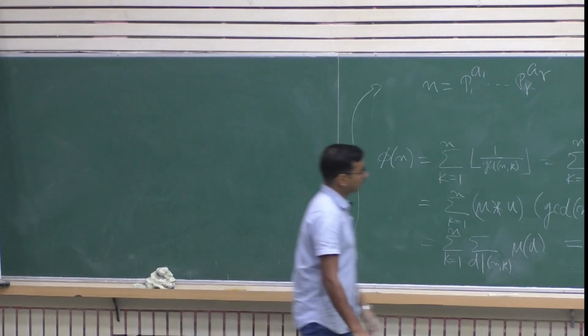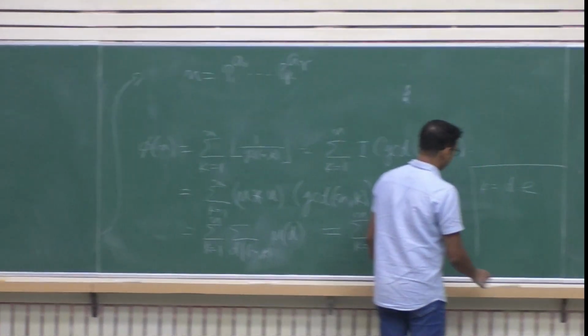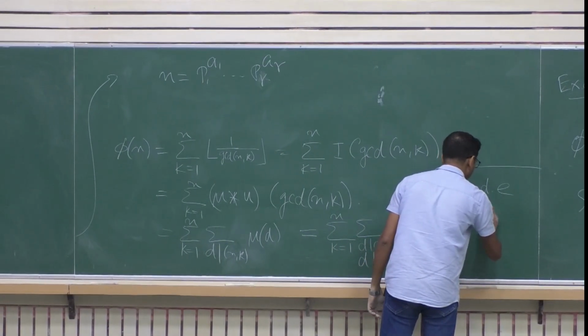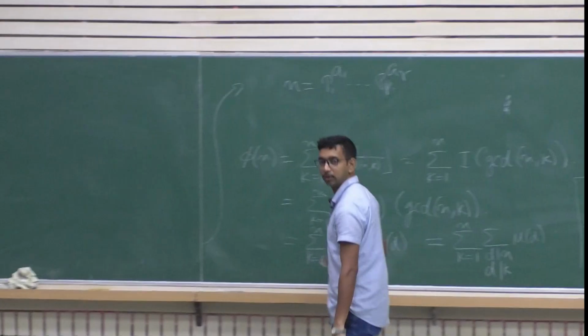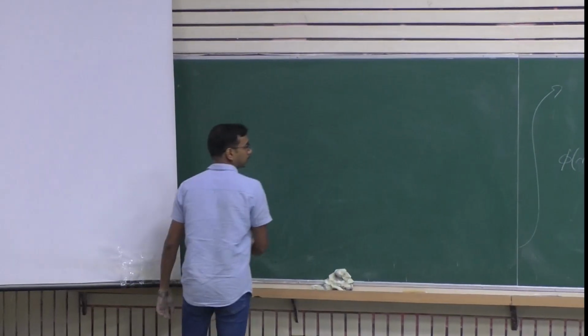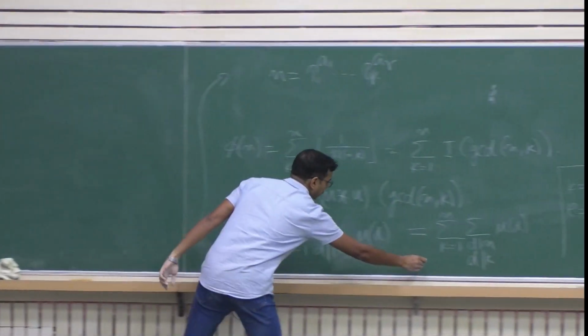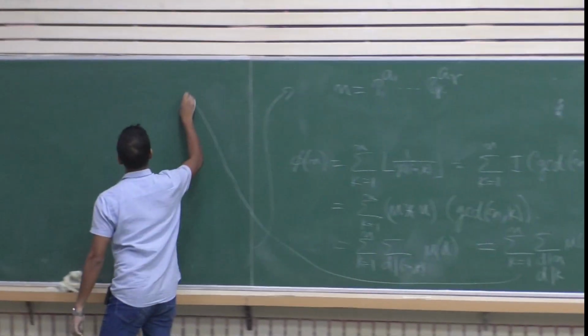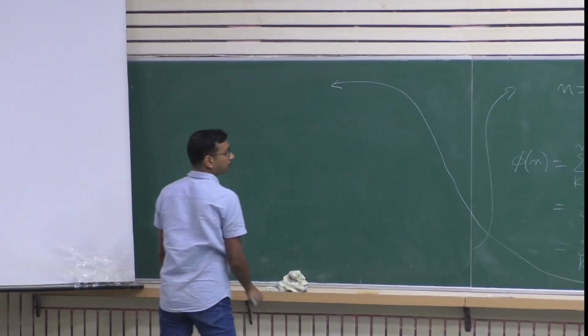We had k equal to d times e, so e is k by d.